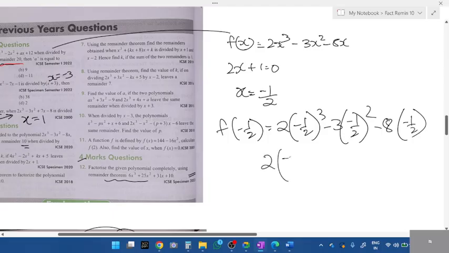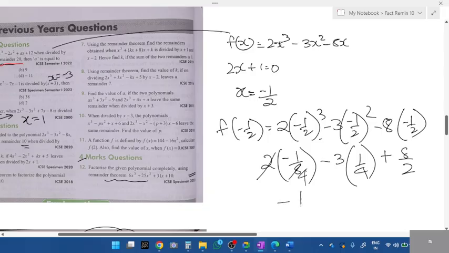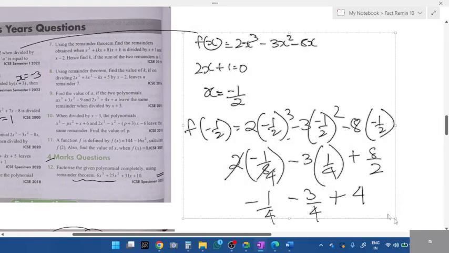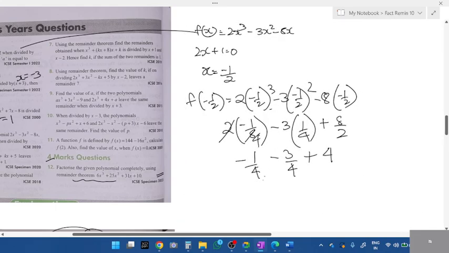So 2 into minus 1 by 8, minus 3 into 1 by 4, minus into minus is plus, 8 by 2. 2 ones are 2, 4s are minus 1 by 4, minus 3 by 4, plus 4. Let's take LCM. Minus 1, minus 3 plus 4 fours are 16.